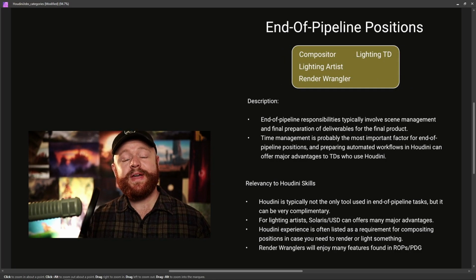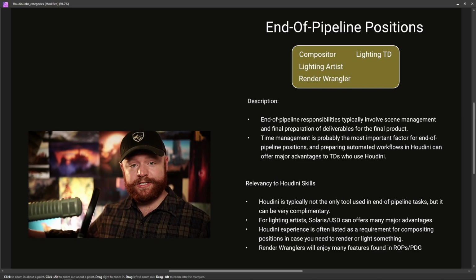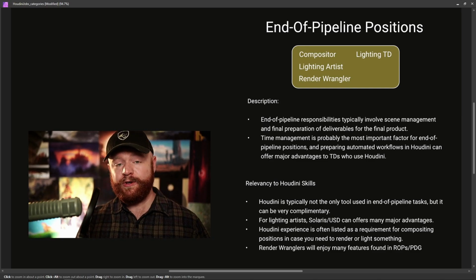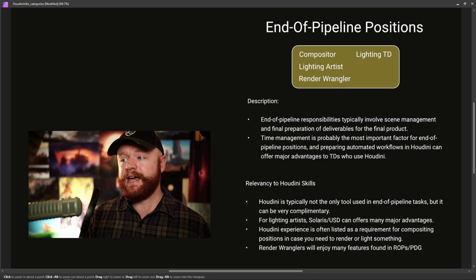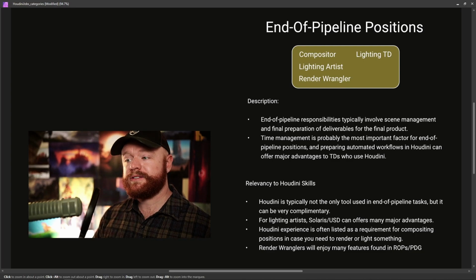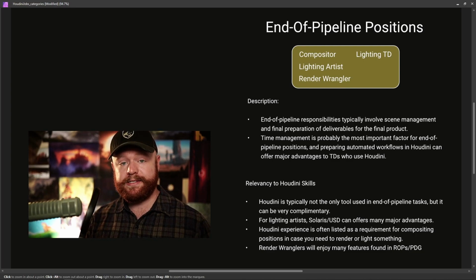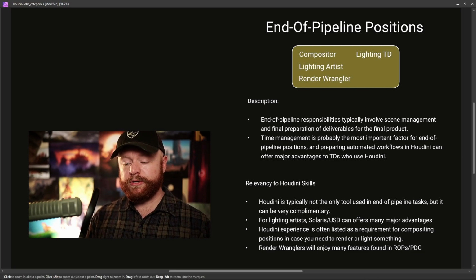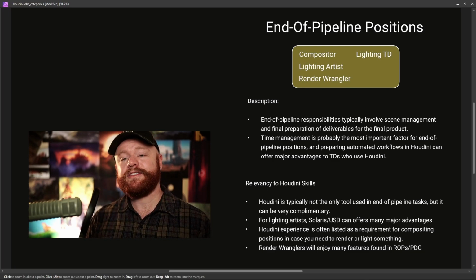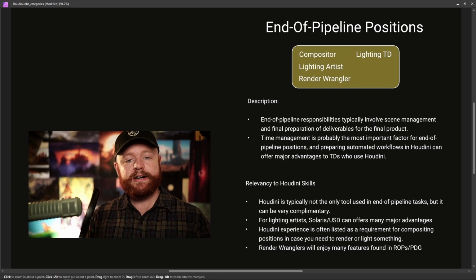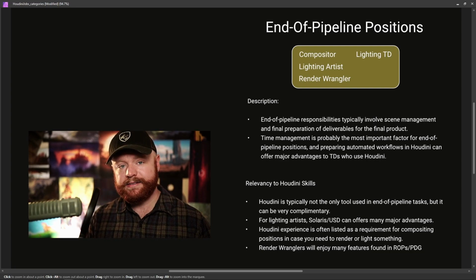And then lastly, we have the end of pipeline positions. And so depending on whether or not you're in video games or film, this will change. But end of pipeline typically includes your compositors, lighting artists, render wranglers, and lighting TDs. So with end of pipeline, generally speaking, Houdini is not the only tool that you're going to use, but it's very complementary to certain tasks.